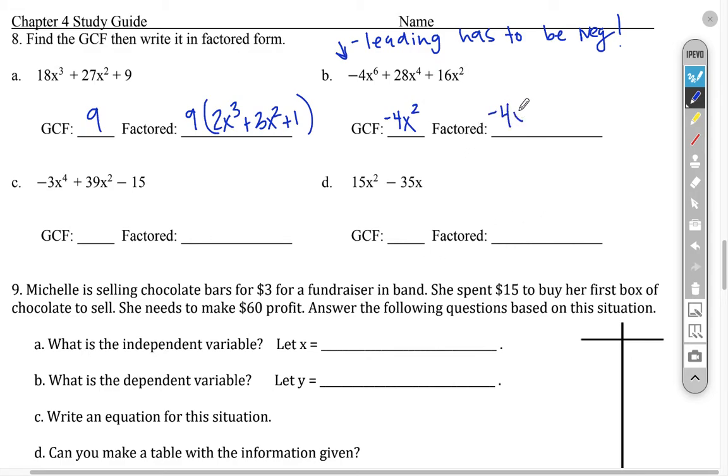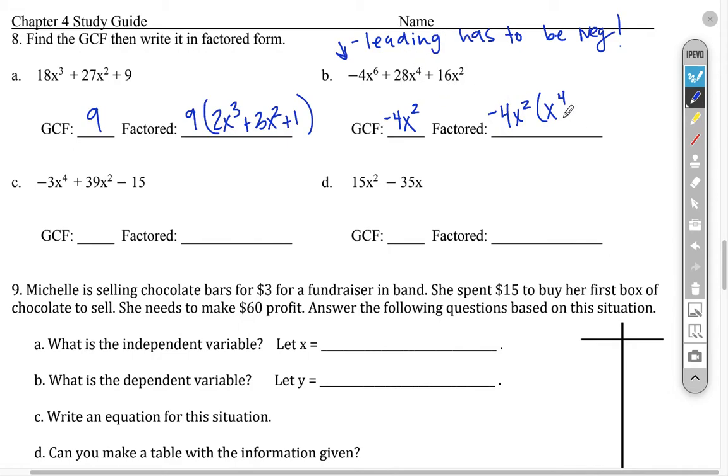Negative 4x squared times what is going to give us negative 4x to the 6th power? Well, all we need here is more exponents, so we have x to the 4th power. Remember, when you multiply exponents, you add them. All right, negative 4x squared times what is going to give us 28x to the 4th power?